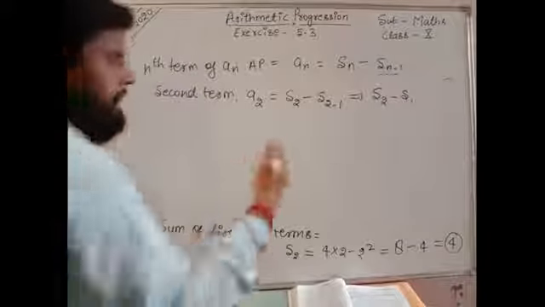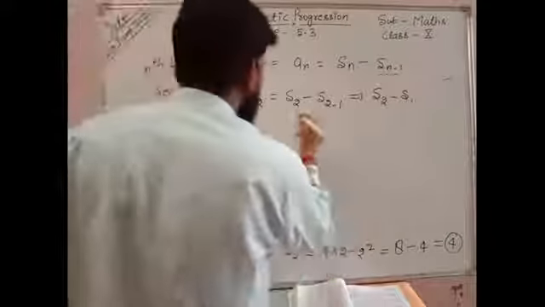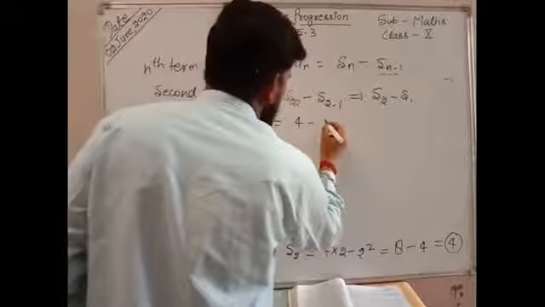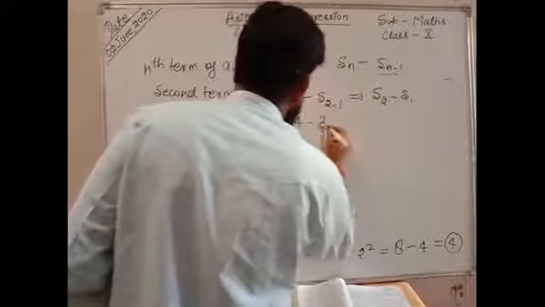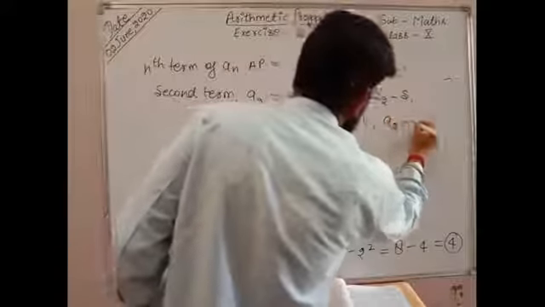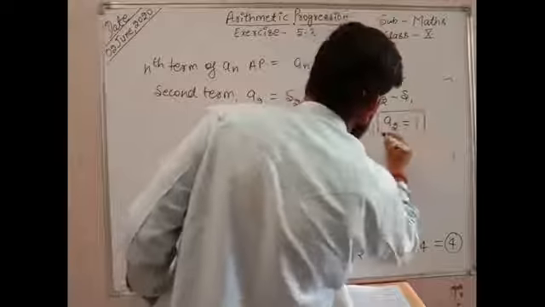Okay, and S2 is equal to 4 as we have already calculated, and S1 is 3. 4 minus 3 is equal to 1. So we got A2 is equal to 1.